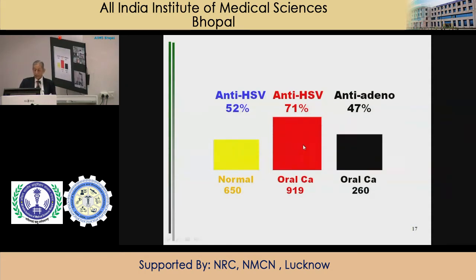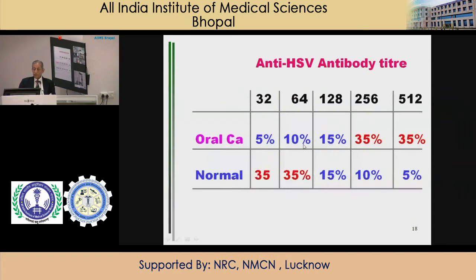But if you take the anti-HSV antibody titer in oral cancer, most of them are coming in very high titers, 250, 512, and still further like that, whereas in normal persons the titer values are very low.